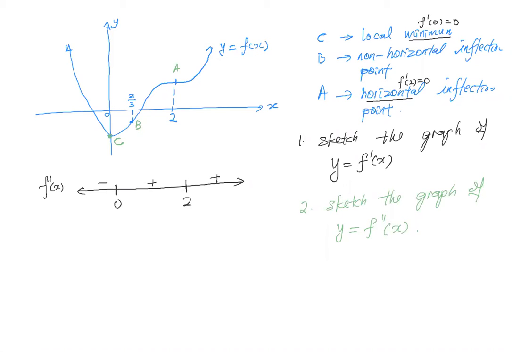Then f double prime x, from the word inflection, you know that f double prime 2/3 is equal to 0. F double prime 2 is also equal to 0. So you put down 2/3 here and 2 over here. Convex, concave, convex. Are you okay?